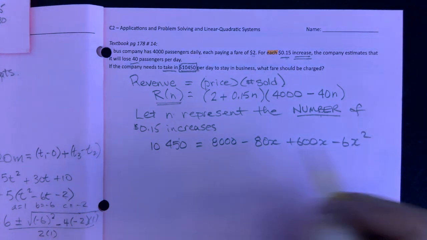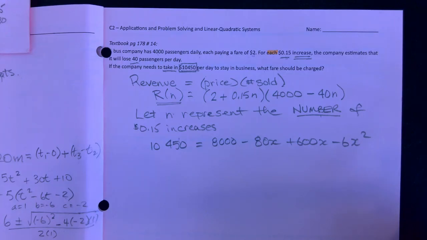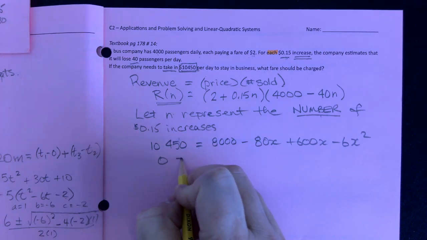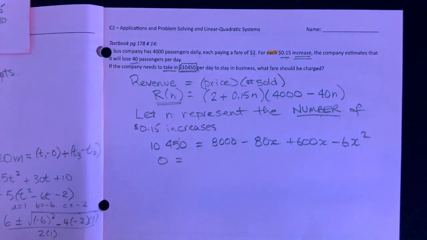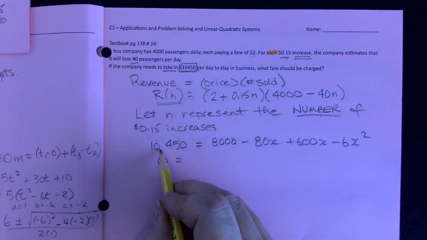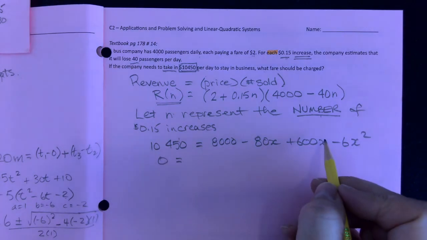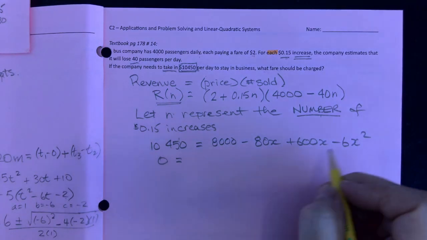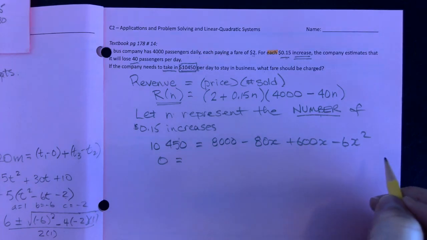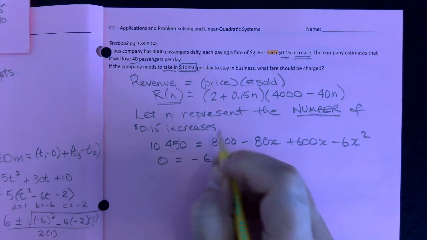Okay, so that's quadratic. Every quadratic is solved when one side is 0, in case we are able to factor it and we need to use the zero product rule. So let's move the 10,450 over to this side and actually organize a little bit better. I'm going to put the negative, actually, you know what?